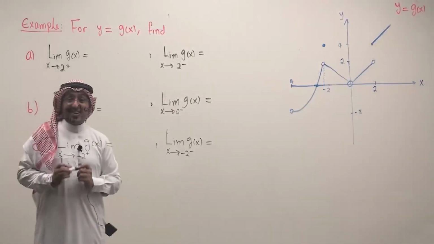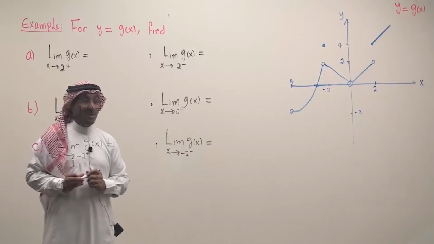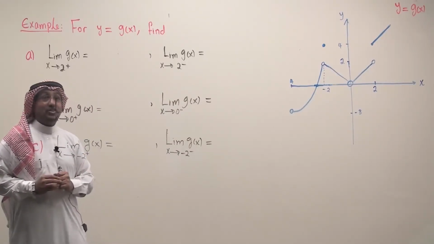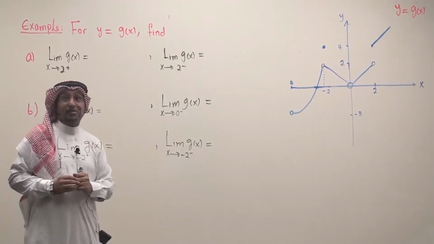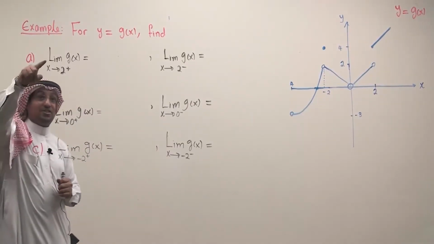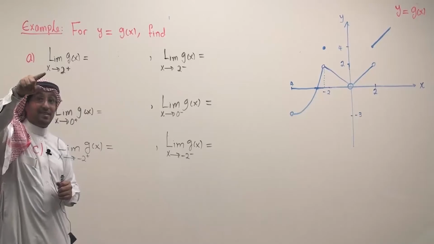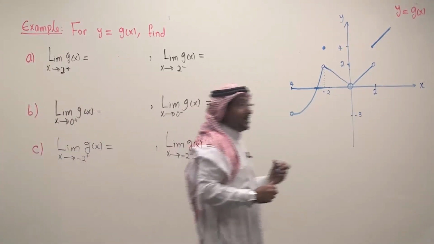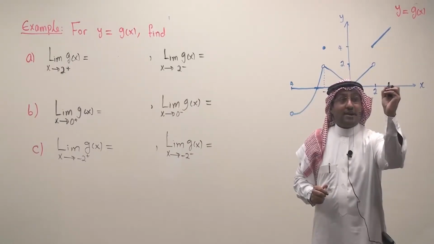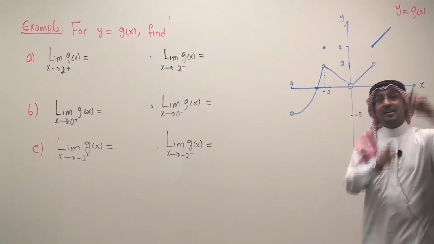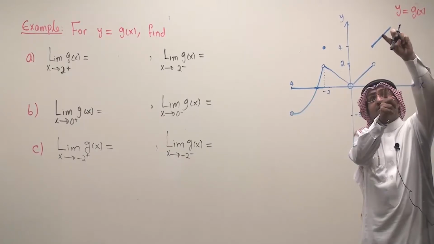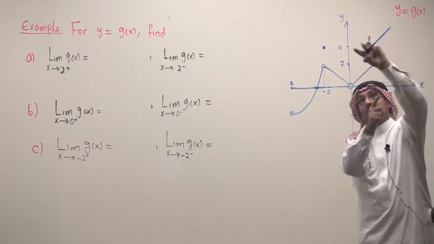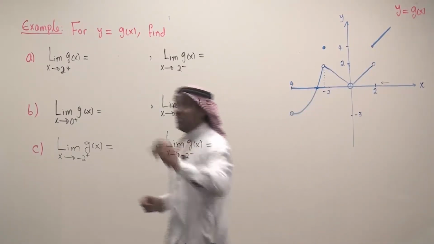Okay, now let's see another interesting example of finding limits of a function from its graph. So for this function y equals g of x, we would like to find first the limit of g of x as x approaches 2 from the right. So as x approaches 2 from the right, so it is from this side, if I trace the curve, I see that the points are getting to what? To 4. So this value is 4.